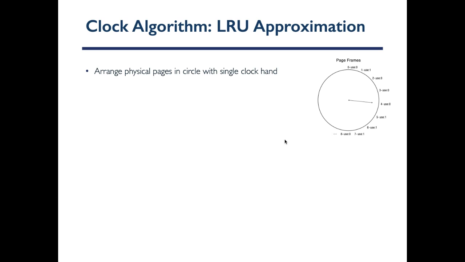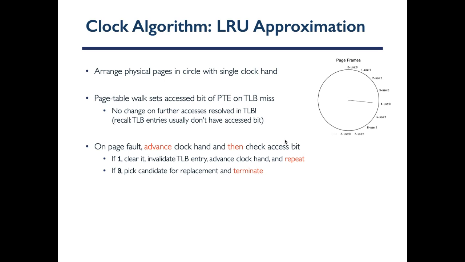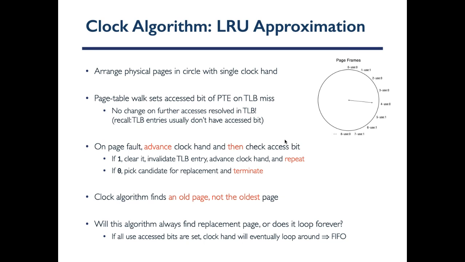If it is set, then we unset it. We invalidate the TLB entry for that page. And then we move on until we find a page that doesn't have the access bit set. Then we have found our candidate to be evicted. Okay.